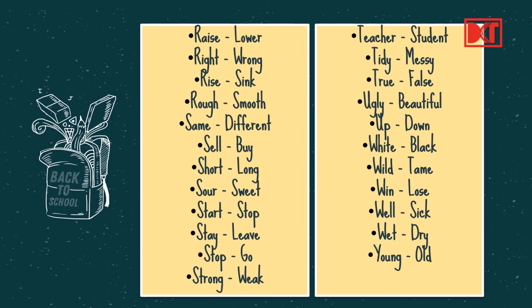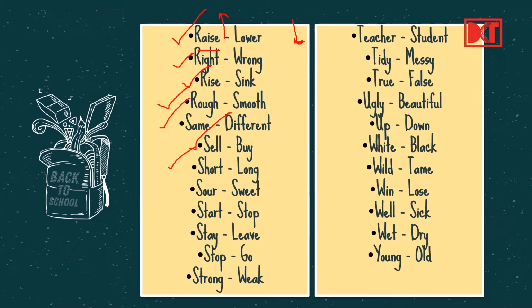A few more examples, we will go over them quickly. Raise and lower. Raise means to make something higher, lower means to make it lower. Right? Increase and decrease. Right and wrong. Rise and sink. Rough and smooth. Same and different. Sell and buy.